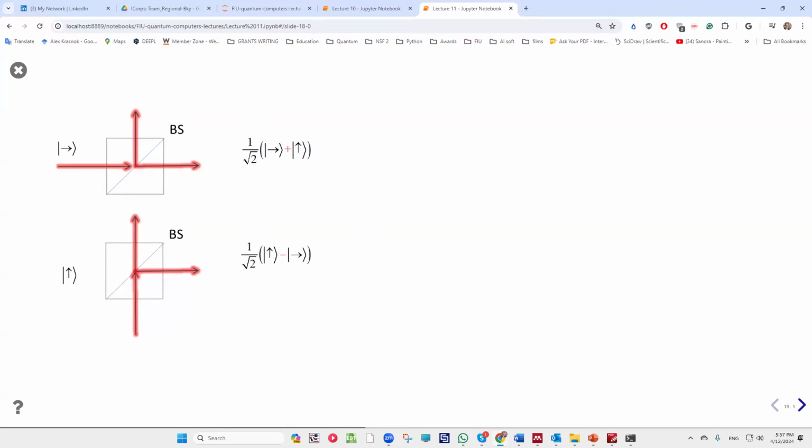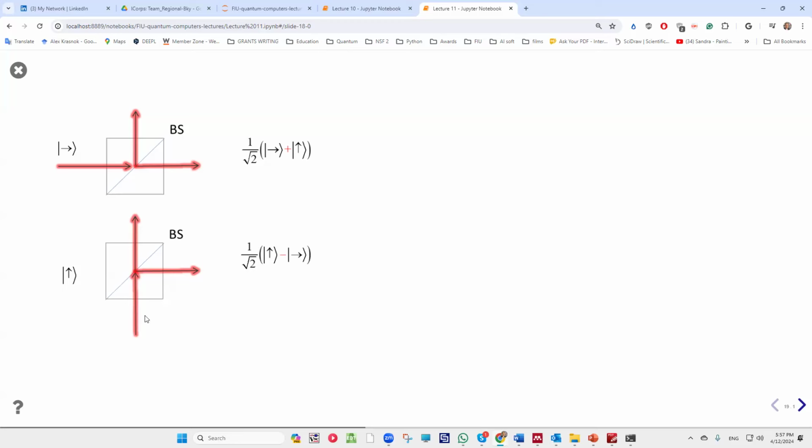And yeah, so if I consider now a horizontal photon coming to the beam splitter, it creates two, one going in horizontally, another one going upward, and the state in the output of this is the balanced superposition of two, horizontal and vertical, with plus between these two, so Hadamard gate.